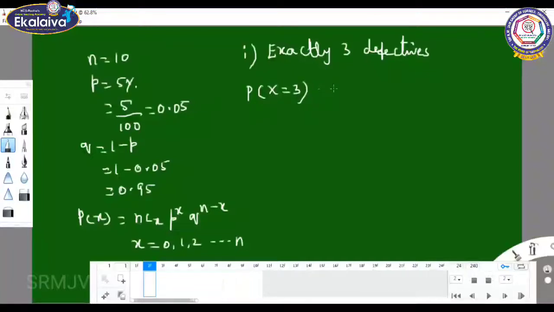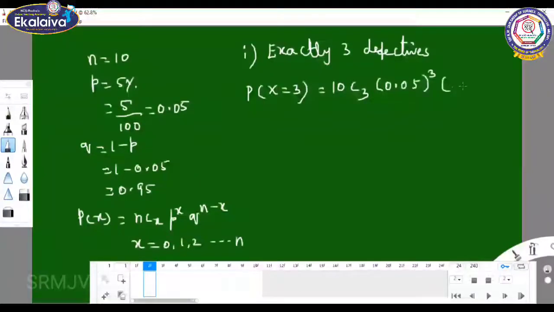What is the n value? 10C3. The p value is 0.05, 0.05 whole power 3.